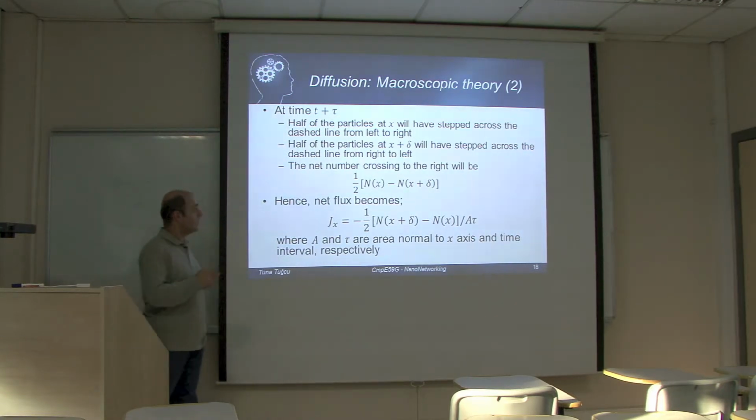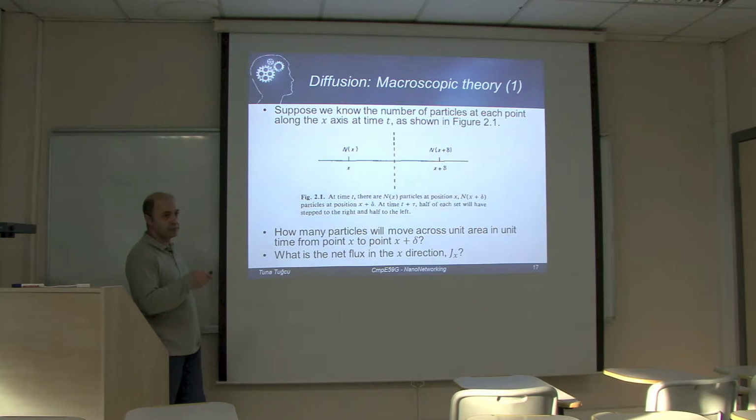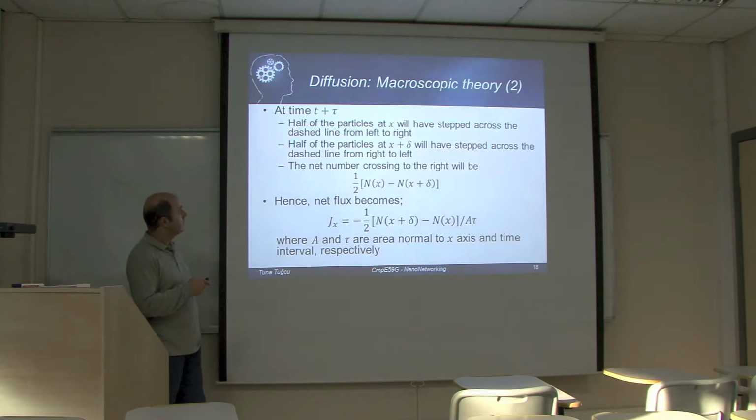So at time t plus tau, that means one step later, half of the particles at x will have moved towards the right, and the other half would be moving in the reverse direction. So those moving to the right will have crossed that dashed line here, the surface we mentioned.